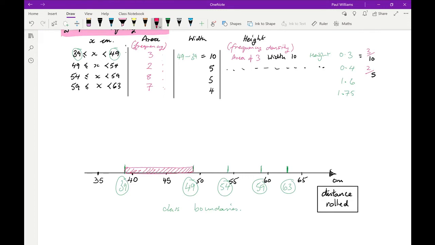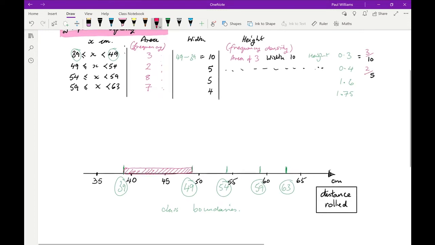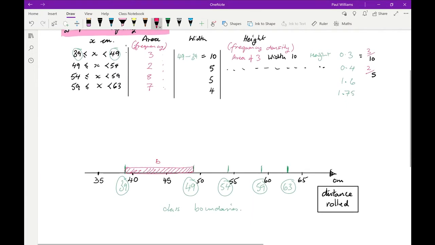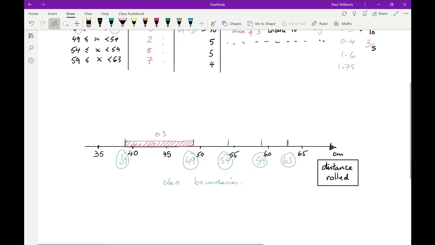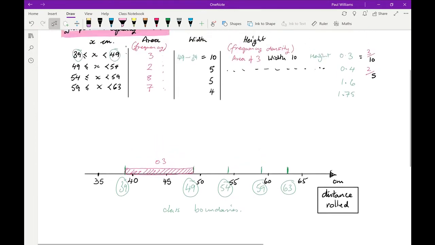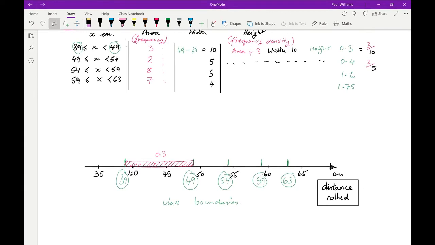So this rectangle needs to have a height of 0.3. So I'm going to write 0.3 at the top. It's a scale diagram in both directions. So the next rectangle needs to be very slightly higher, 0.4.